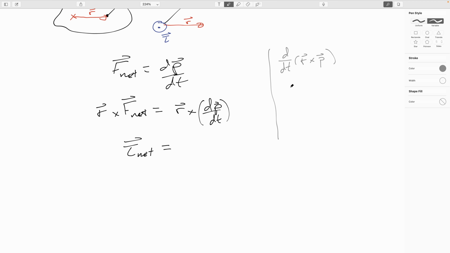And so this is going to be dr/dt crossed with p plus r crossed with dp/dt. Now, dr/dt, that's v, the velocity, cross p. And then this bit right here, the r cross dp/dt, is what we have over here.